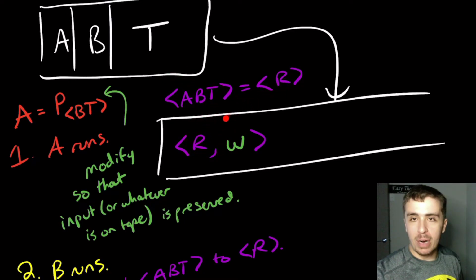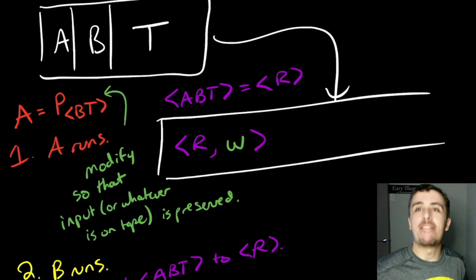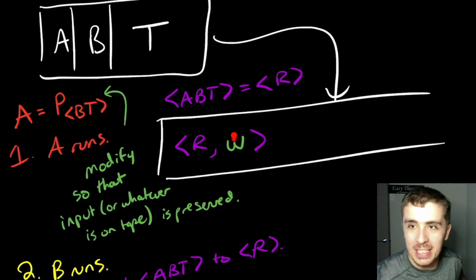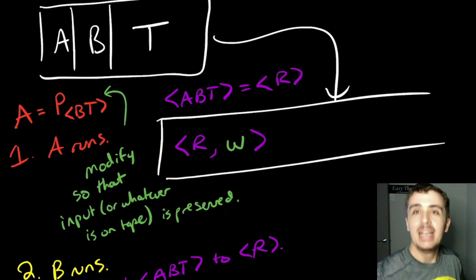But now, what we're able to do is compute with this R that's on the tape right now, and we can do whatever we want with it, along with the W, which is pretty dang awesome. So what we need to do is to investigate why would anyone go to the trouble of proving this recursion theorem? What advantage does it give us?